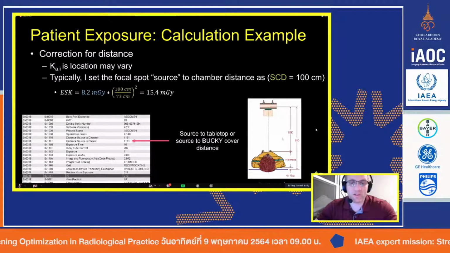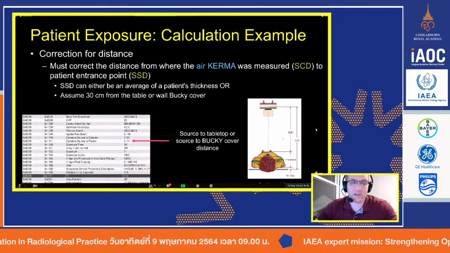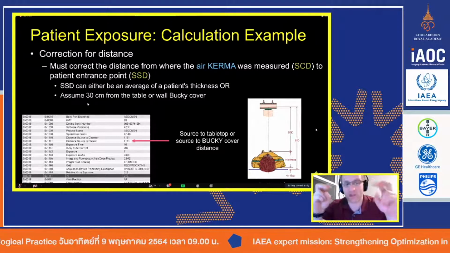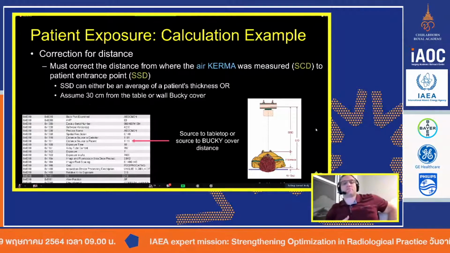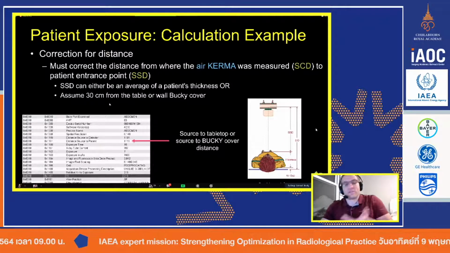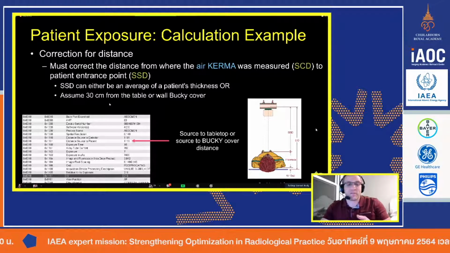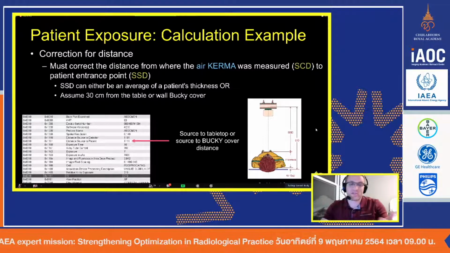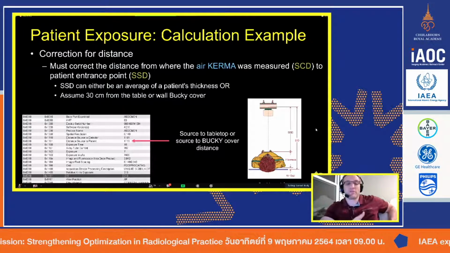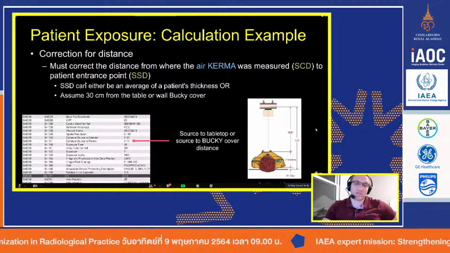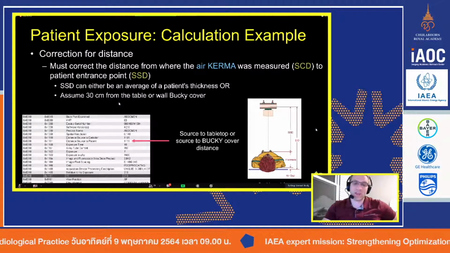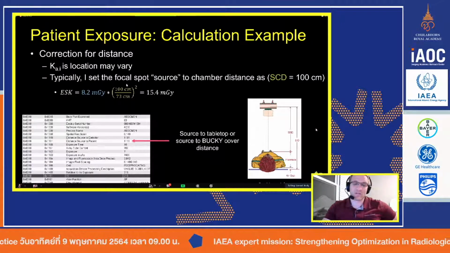If you don't know how thick the patient is, you can assume roughly 30 centimeters thick, the common average thickness of an adult. If they were larger, you'd have to make a bigger difference, maybe 50 or 40 centimeters thick. If they're thin or small, or a pediatric patient, maybe they're thinner. If you can't make the measurement, you have to make an approximation.